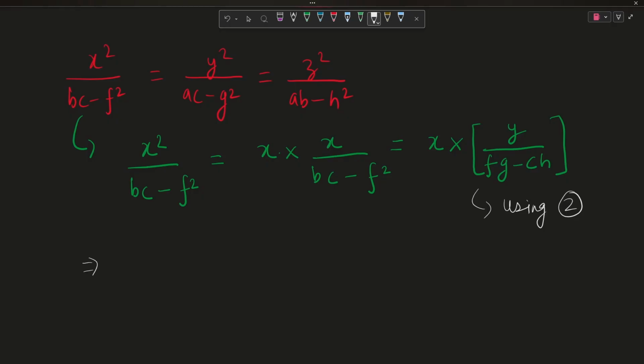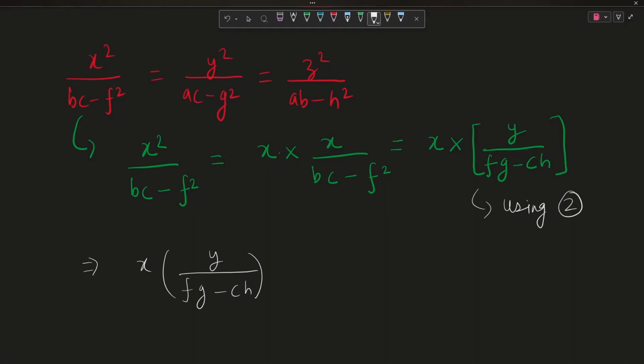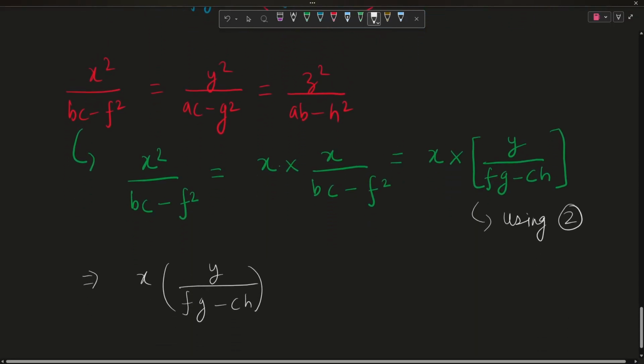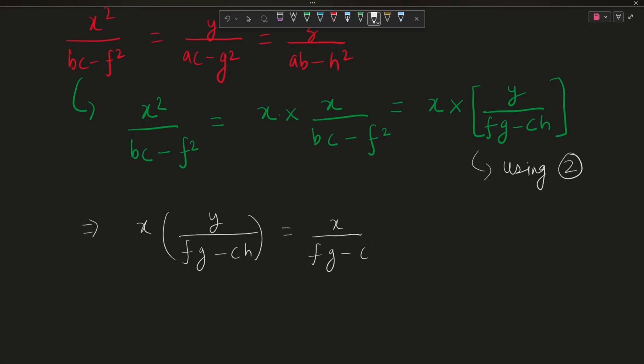Now x into y upon fg minus ch could be further written as x upon fg minus ch into y, or we can say minus of x.